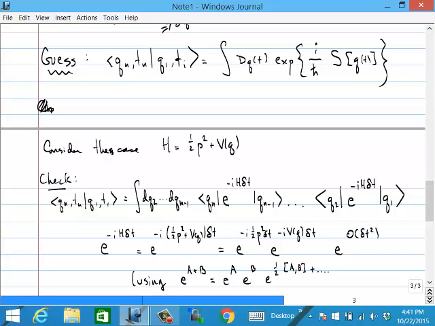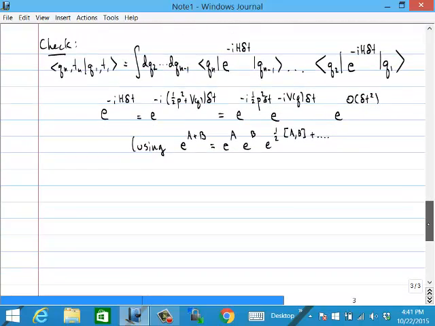In the present case, I'm only working at leading order in delta t because I'm going to end up taking the limit where delta t is small. So I'm just going to ignore that commutator and all of the other higher order terms in this expansion. Okay, so I haven't really done anything yet.